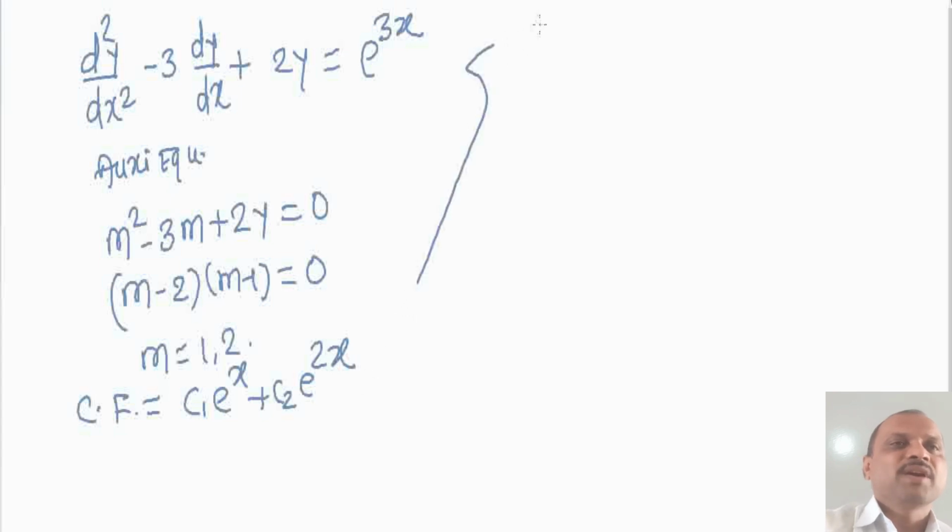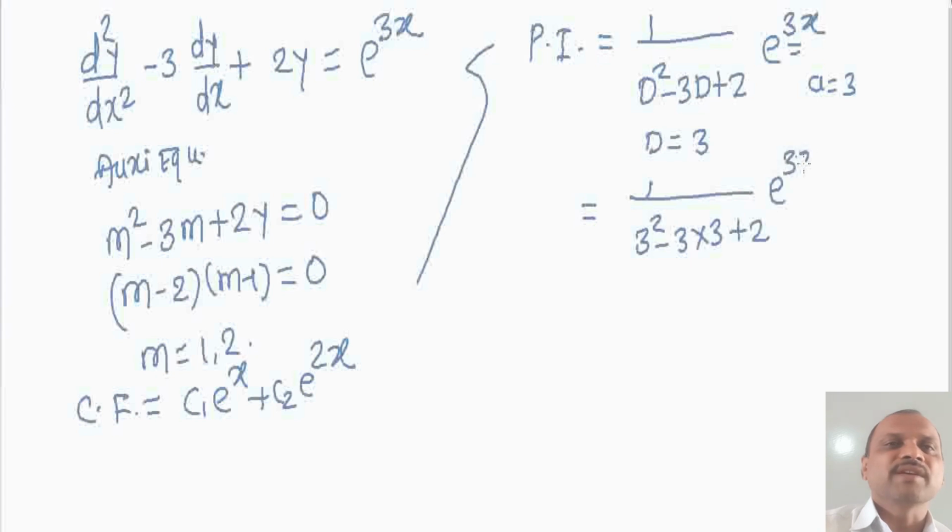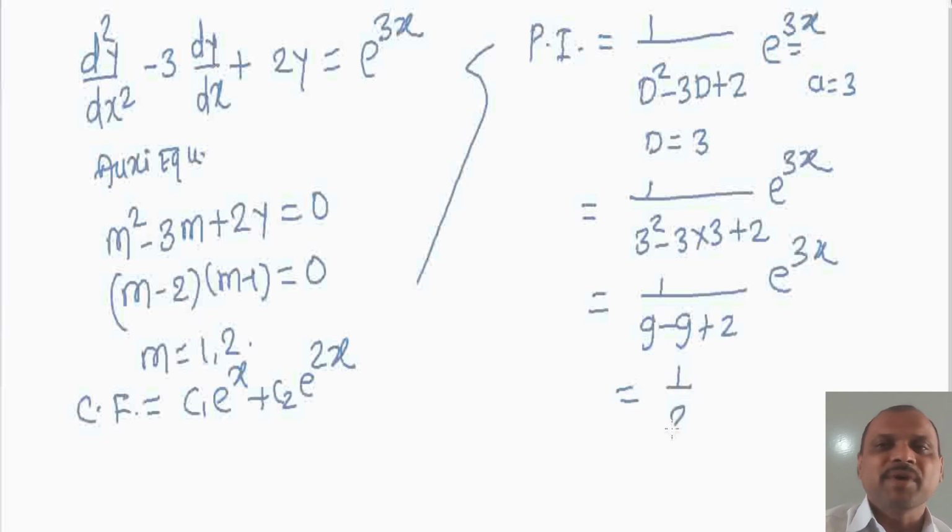Now the particular integral equals 1 upon, written in terms of D, D square minus 3D plus 2 e raised to 3x. Here once again a is equal to 3. So let us put D equal to 3. 1 divided by 3 square minus 3 into 3 plus 2 e raised to 3x equals 1 divided by 9 minus 9 plus 2 e raised to 3x, equals 1 divided by 2 e raised to 3x.